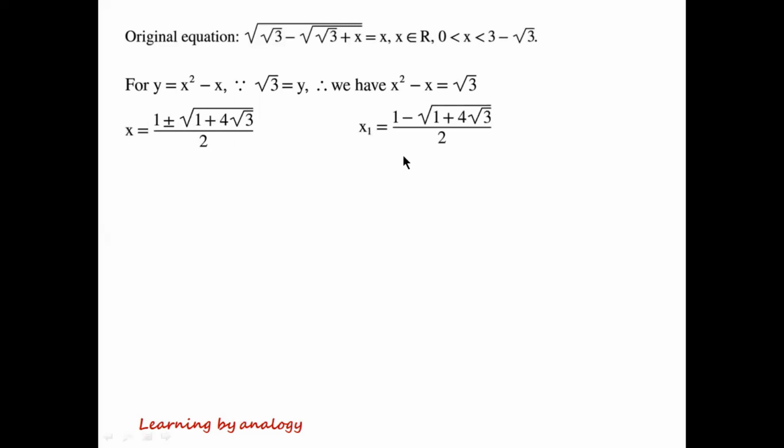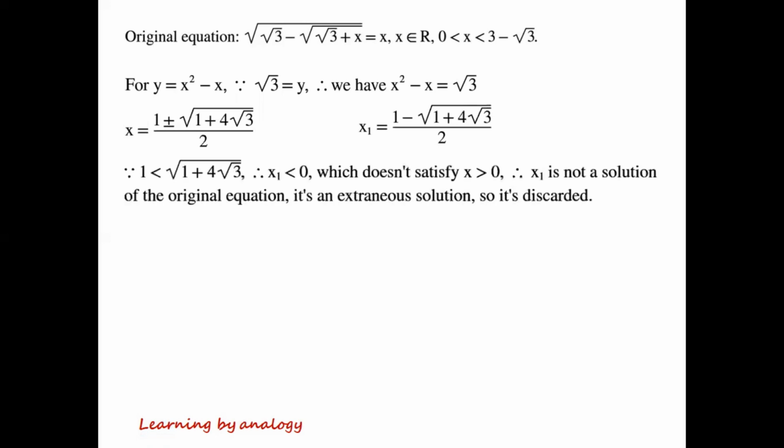Then x₁ equals [1 − √(1 + 4√3)] over 2, because 1 is less than √(1 + 4√3), so x₁ is less than 0, which doesn't satisfy x greater than 0. So x₁ is not a solution of the original equation. It's an extraneous solution, so it's discarded.